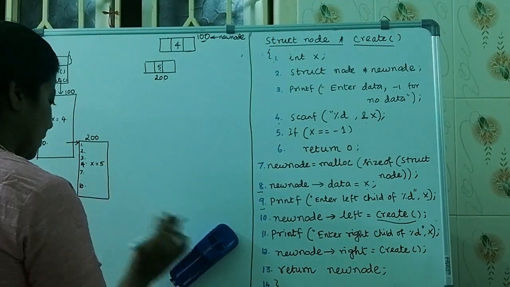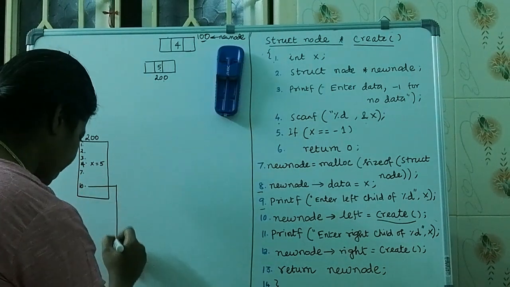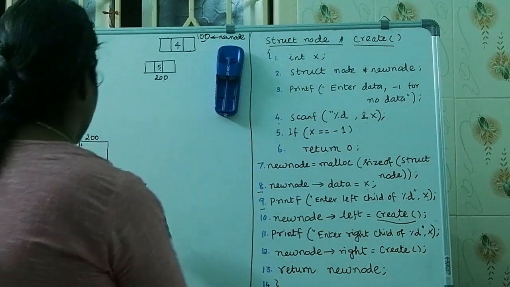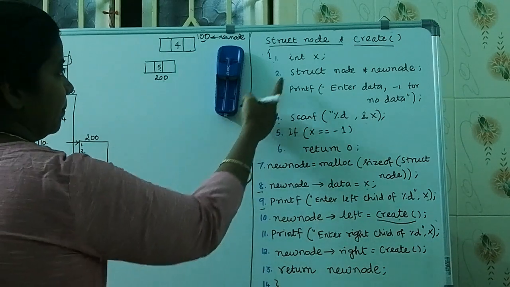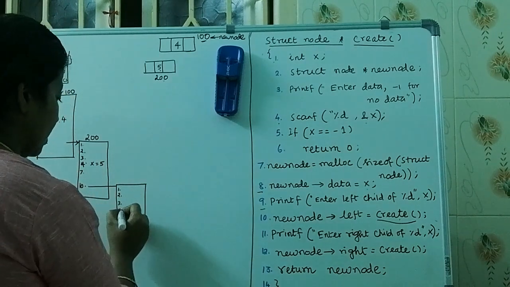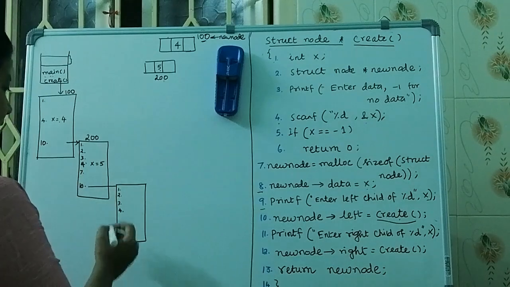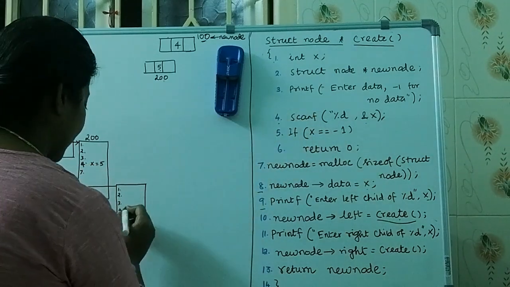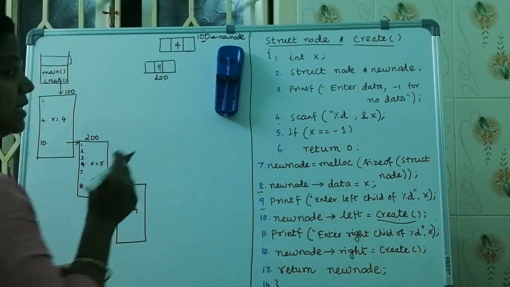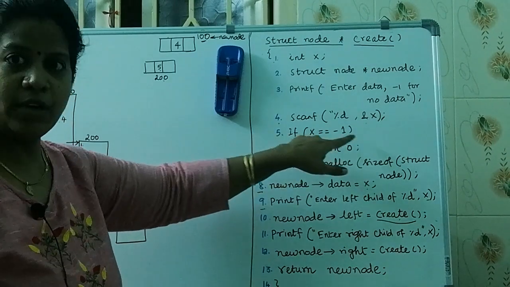Upon executing line number 10, it will create another stack frame, whose method is create. Then here line number 1 gets executed, line number 2, line number 3, and line 4 is asking to print enter left child of 5. And then let's say I am giving the value 7. The x value is 7 because I want to insert 7 as the left child of 5, and then it will check x equal to minus 1.